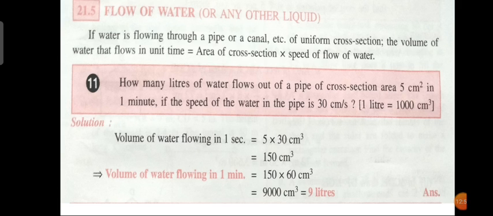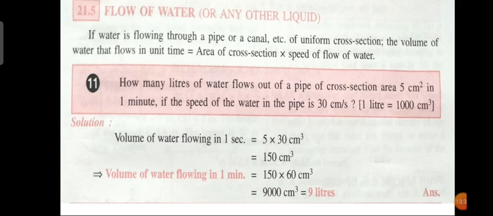And next is the flow of water, or a liquid. If water is flowing through a pipe or a canal of uniform cross section, the volume that the water flows in unit time is area of cross section into speed of water flow. This is a very important one. If you are in a municipality area, you know there are pipes that flow water to our homes for household purposes.